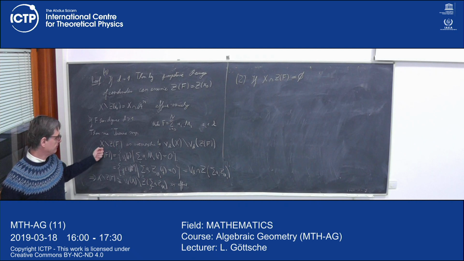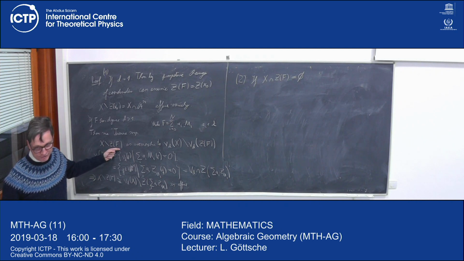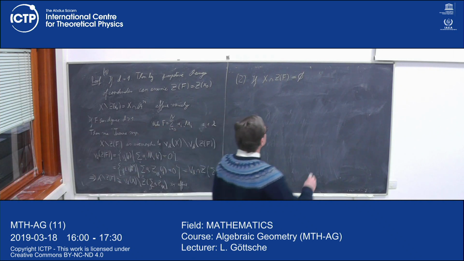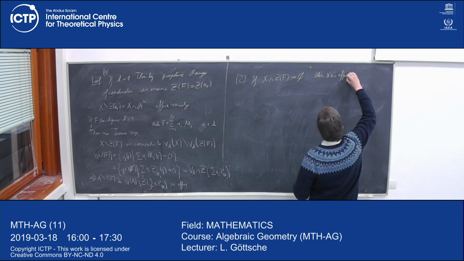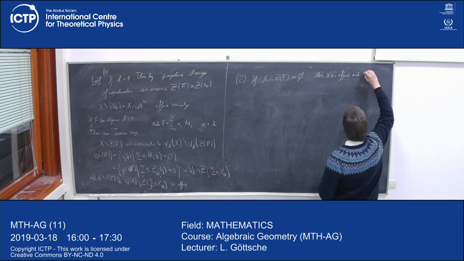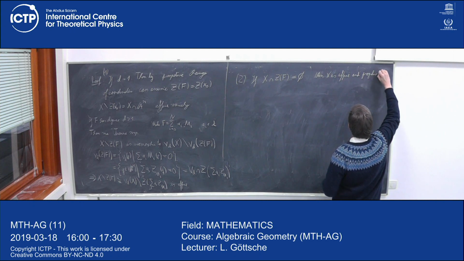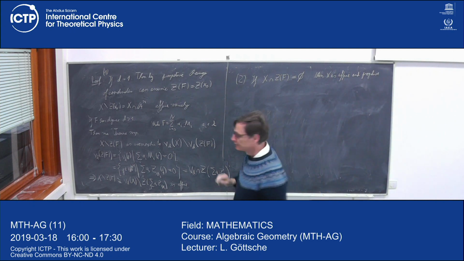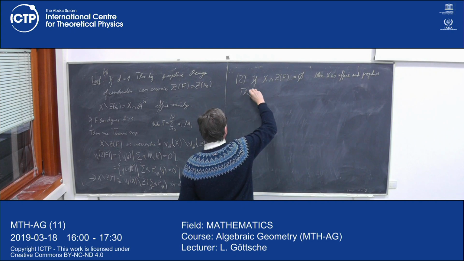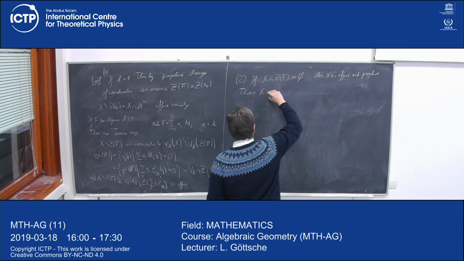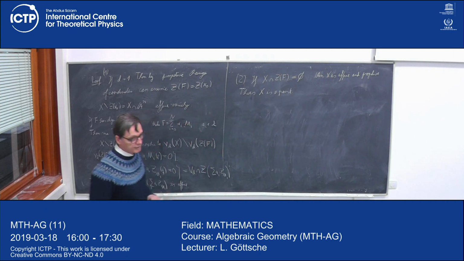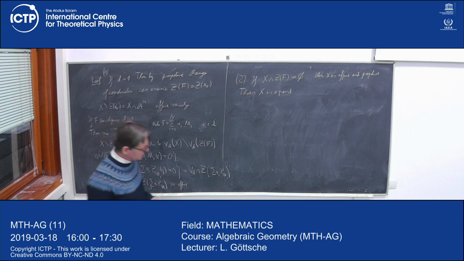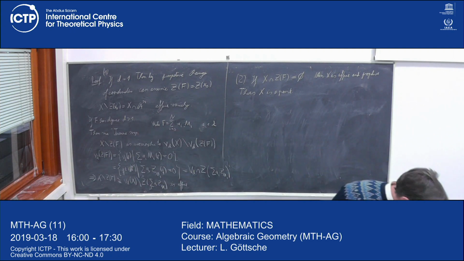So x is projective, x minus the zero set of f, which is also x, is affine, so x is affine and projective. So by what we know, it follows that x is a point, because points are the only varieties which are both affine and projective.